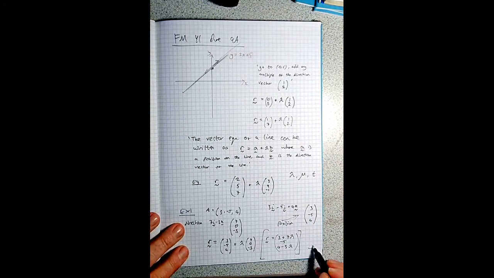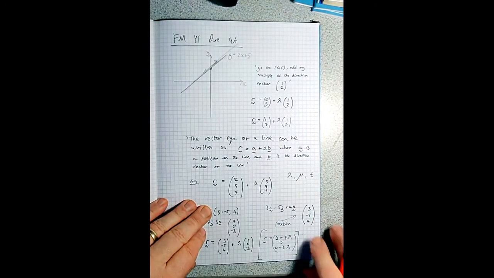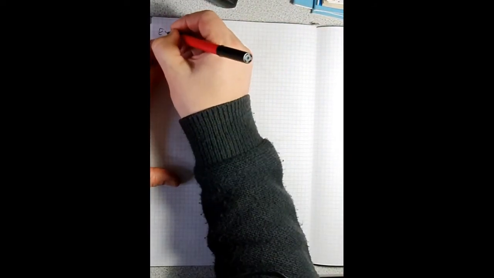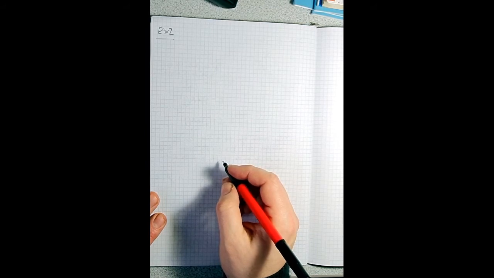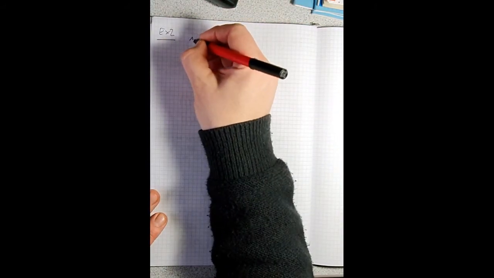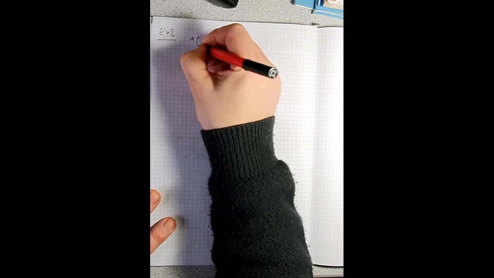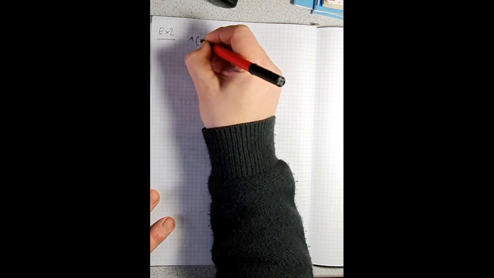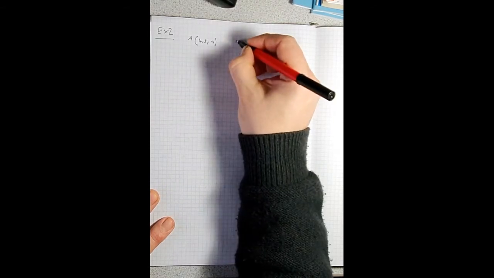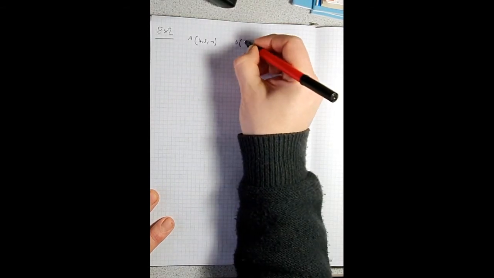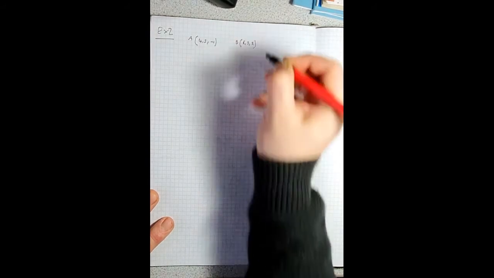I'm going to do example 2 in this one as well, aren't I? Example 2 gives me the 2 points. It gives me point A, which is (4, 5, minus 1), and point B, which is (6, 3, 2).